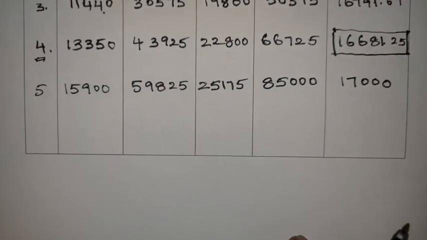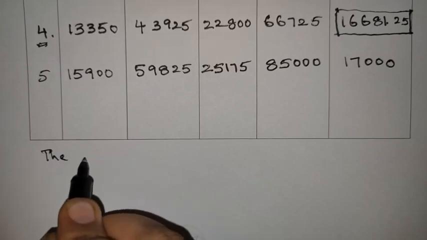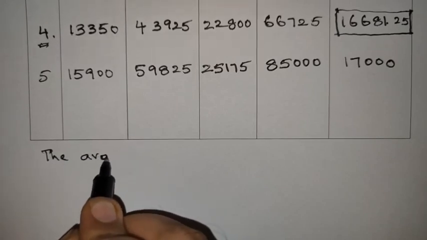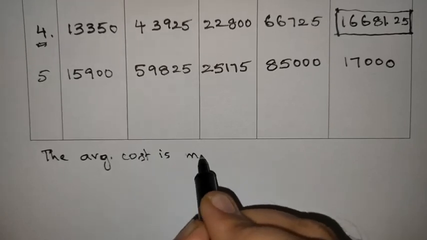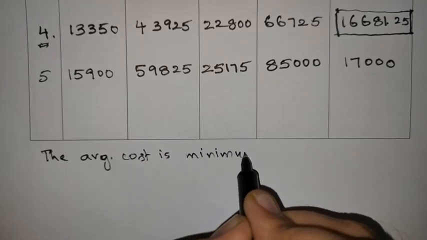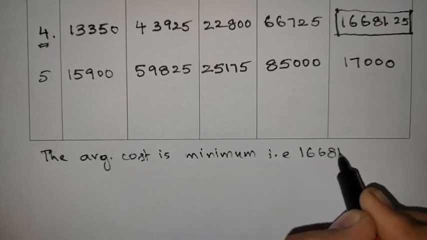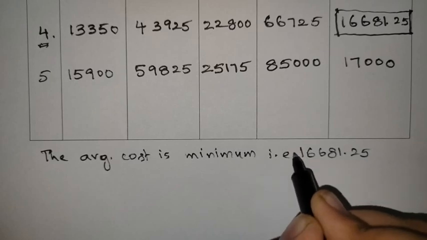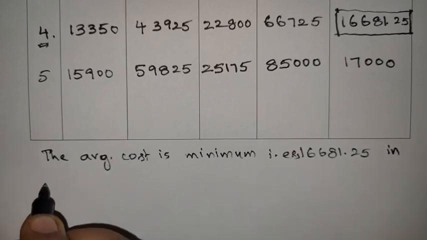Now write the same statement. The average cost is minimum, that is 16,681.25 rupees in the fourth year.